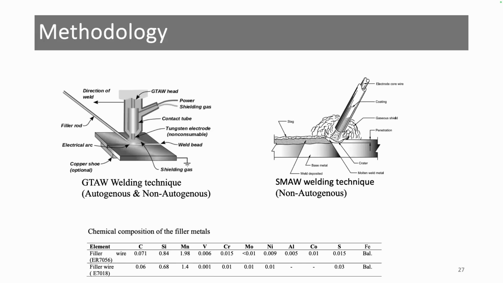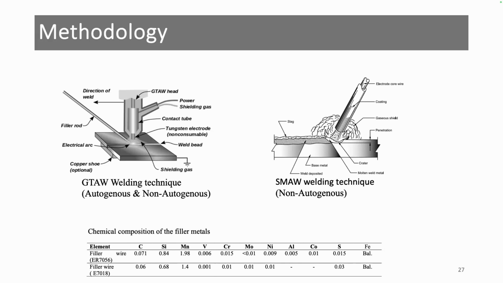For the methodology, we investigated the process of the GTAW technique. In this technique, as you know, we use an external filler metal. If we don't use that filler metal, then it will be an autogenous welding process. However, now it became non-autogenous due to the external filler metal.